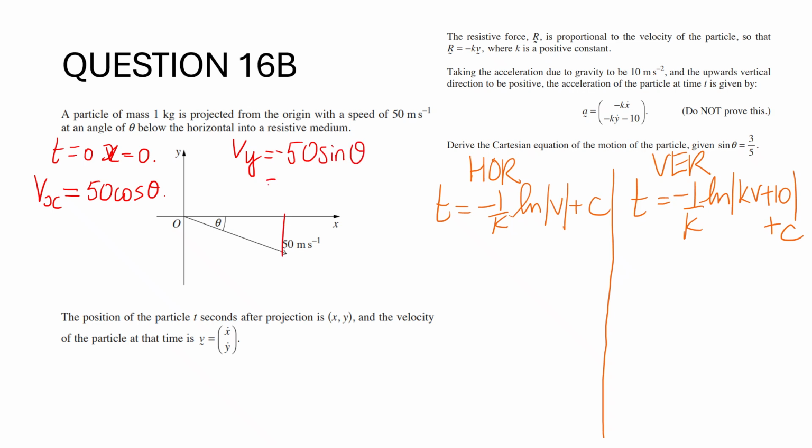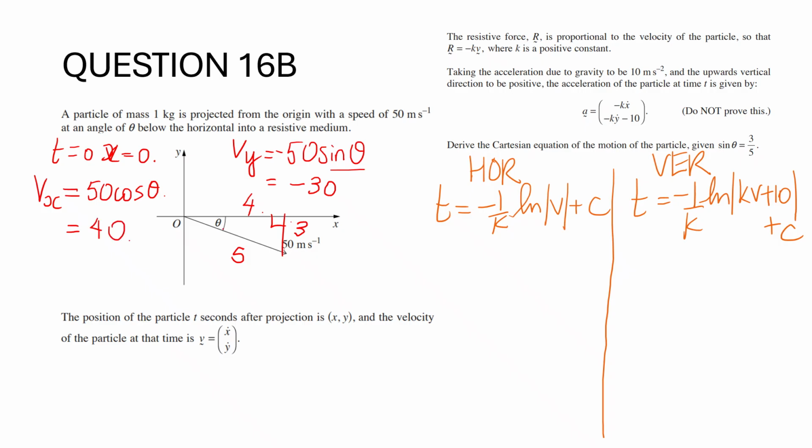We're told that sine theta is equal to 3/5, so this will be -30. For the horizontal component, sine theta is 3 over 5, so that's 4. So cos theta is equal to 4/5, so that is 40.